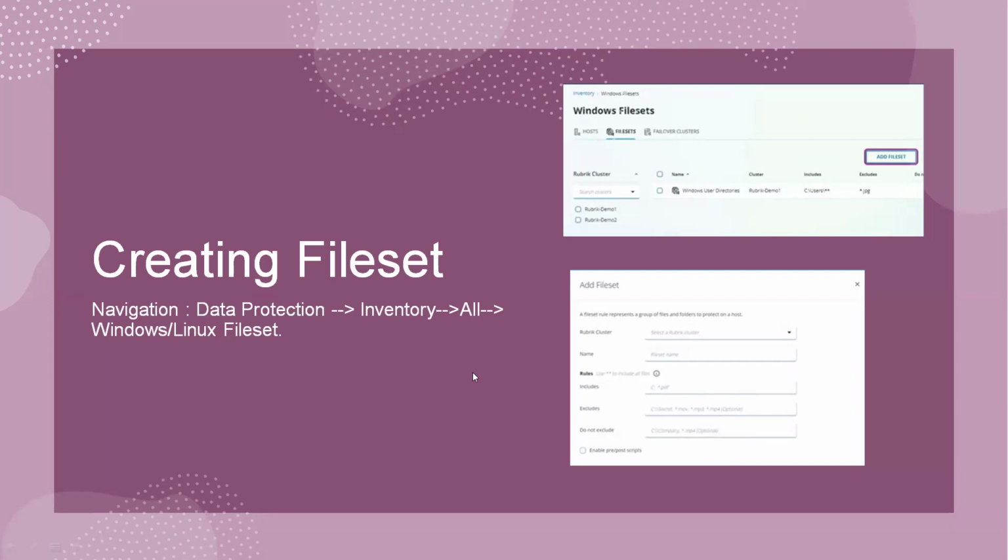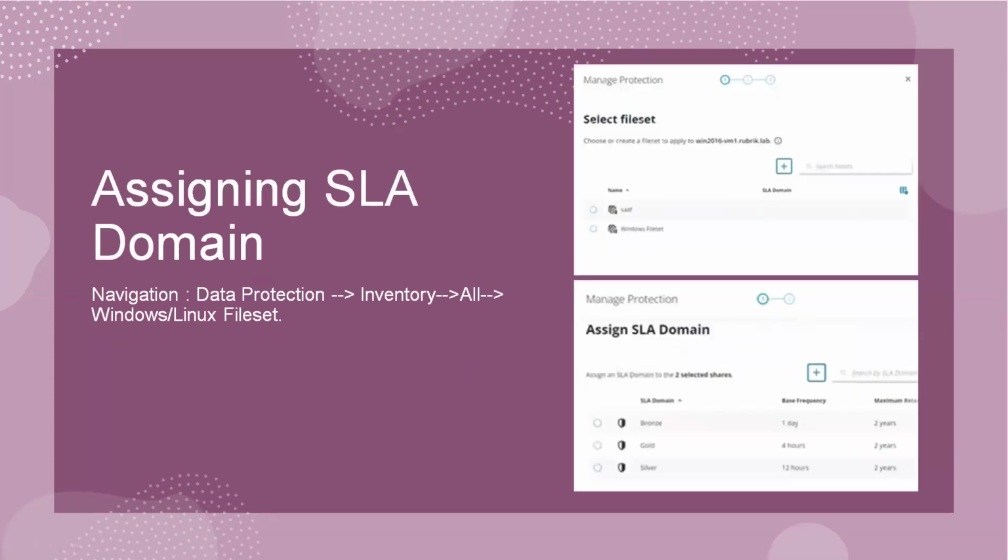Once we create a fileset, we have to add the fileset and SLA domain to the workload. The navigation is Data Protection, Inventory, All, Windows or Linux, Windows Fileset or Linux Fileset. Once we come here, we can see the Windows source.